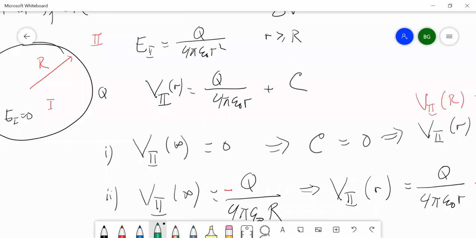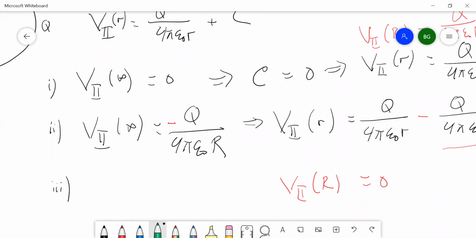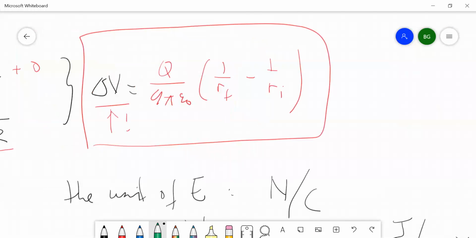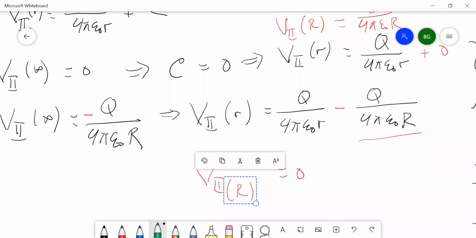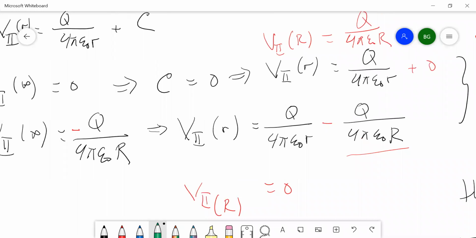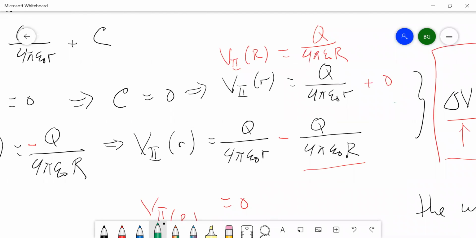Contohnya mungkin lebih jelas untuk kulit bola tipis. Saya bisa mengambil fungsi potensialnya sama dengan yang di atas tadi, yaitu C sama dengan 0, artinya potensial di tak hingga sama dengan 0, sehingga fungsi potensialnya jadi seperti ini.